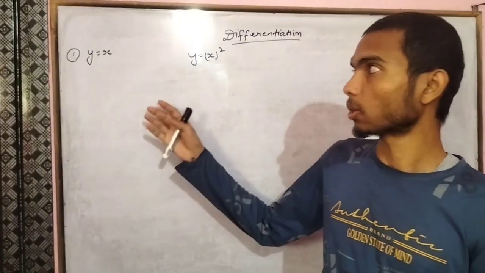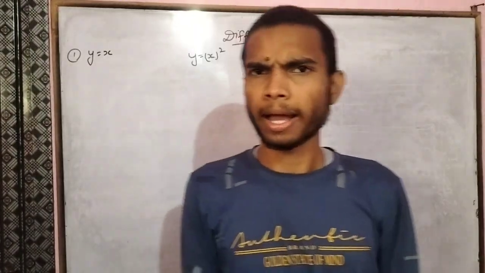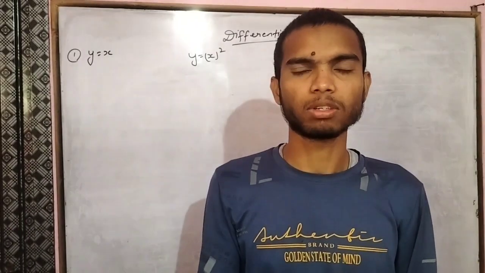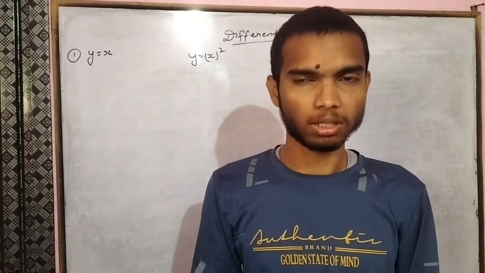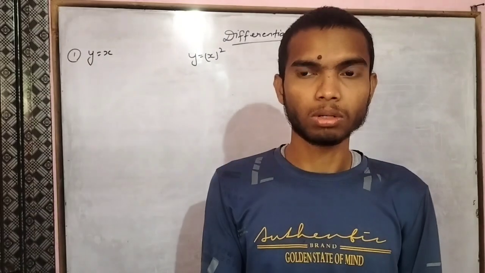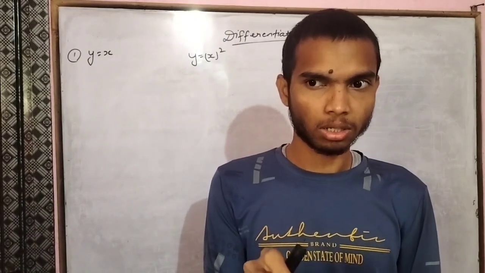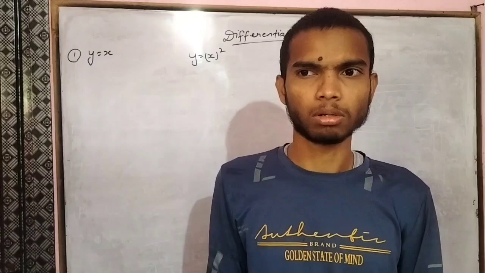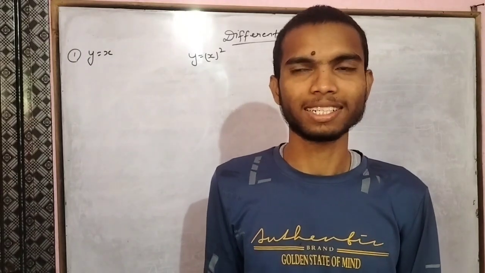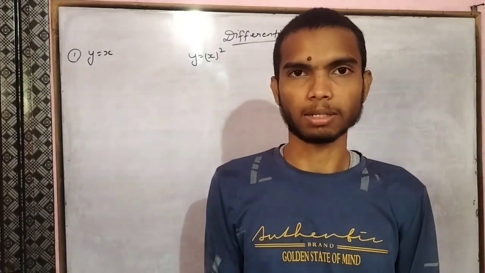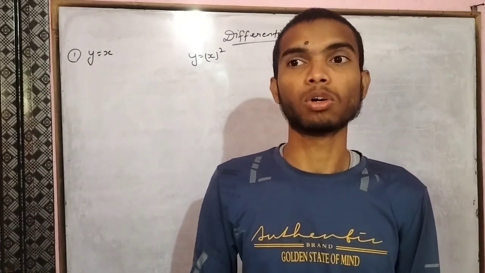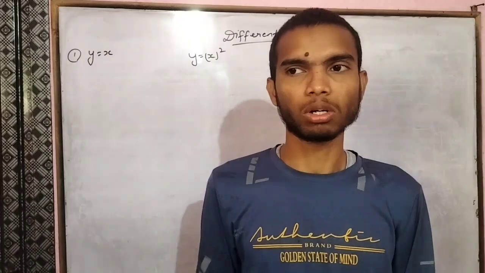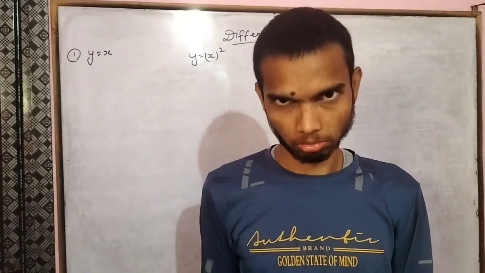If our equation has a constant value, for example 4, 5, 6, 7, then these are constants, and we will say that the differentiation of 4 would be 0.